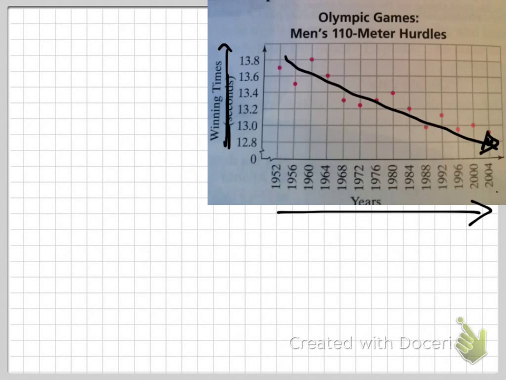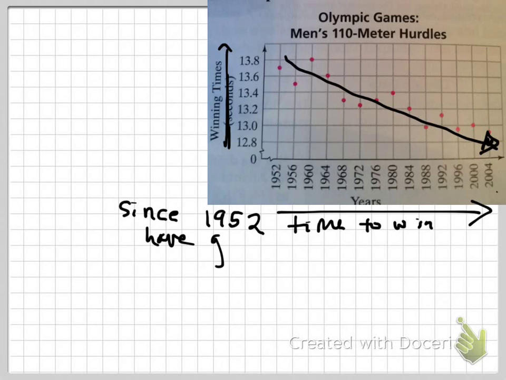The time in seconds since 1952 has decreased. So the winning times have generally decreased. People have gotten faster over the last 60 years.